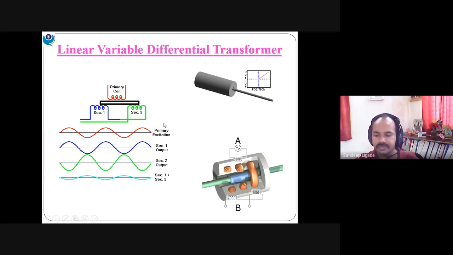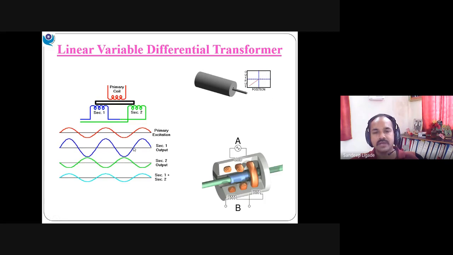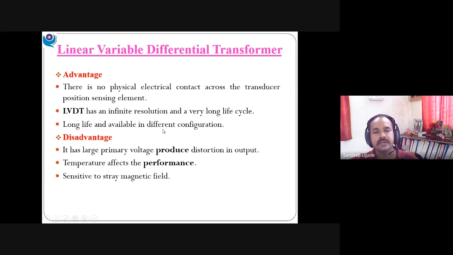Now the equation for this LVDT is simply VS1, the voltage across secondary 1, minus VS2 is equal to 0. That is, VS1 is equal to VS2. Simple equation, right? Advantage: as already told, because it is based on transformer action, there is no physical connection from primary to secondary.